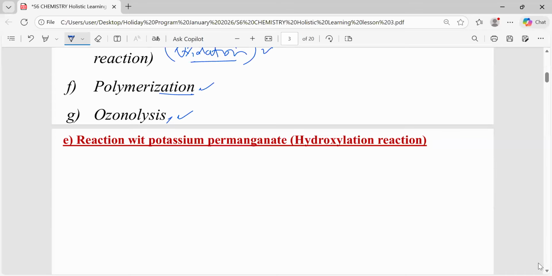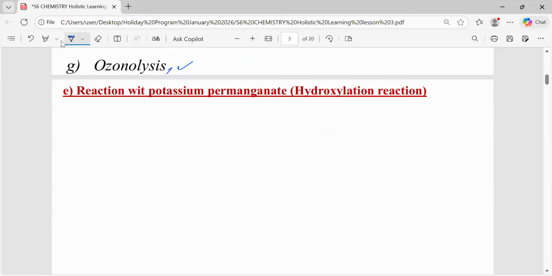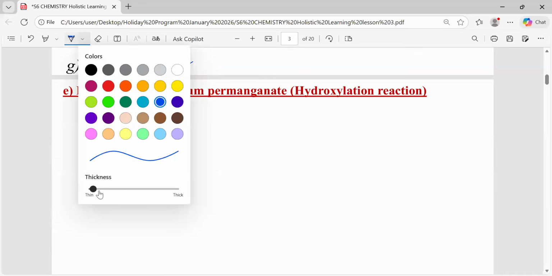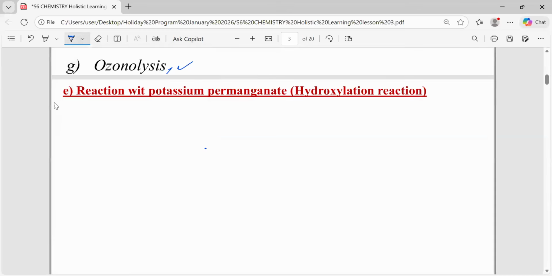So, reaction with potassium permanganate. We are going to start with an example, the one which I gave you. I gave you two compounds. You can take us through the first one. The first one was which compound?